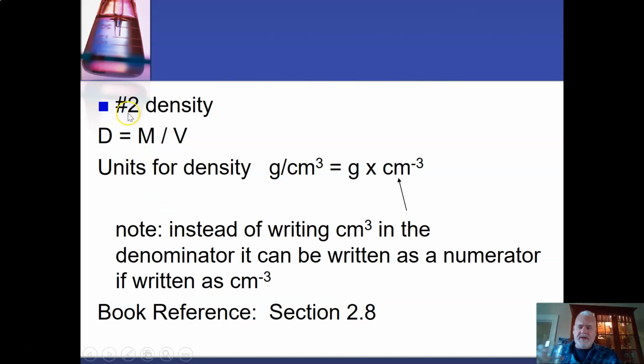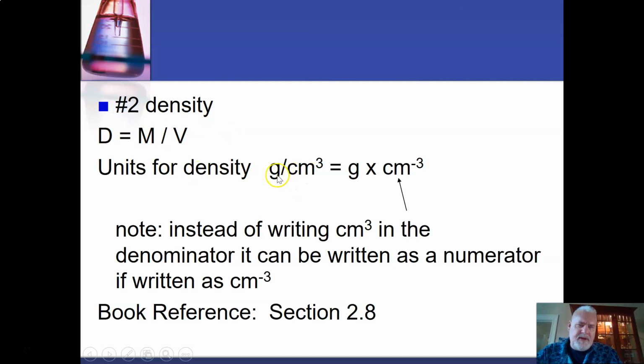Excuse me. Question number 2 deals with density. Density is defined as mass divided by volume. So you'll need to apply that.